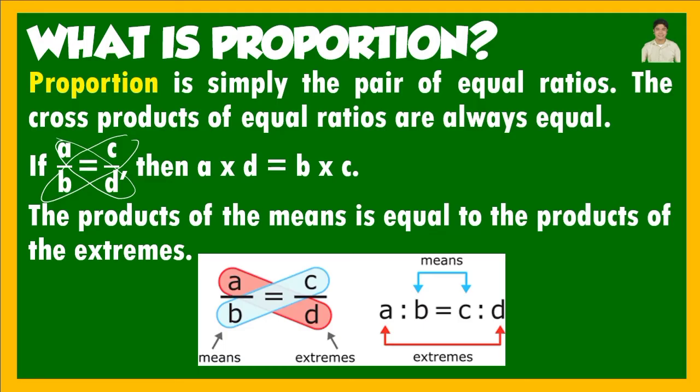Ayan, kitang-kita naman po sa ating presentation. Itong B, tsaka C, means, yung nasa loob. And then extremes naman, yung mga nasa labas, A, saka D. So, kailangan pag minultiply po natin yung A, tsaka D, equal po yun dun sa product ng B and C. Kaya nga, the products of the means is equal to the products of the extremes. Proportion siya nun kapag pareho yung product. Kapag hindi naman, hindi sila proportion.